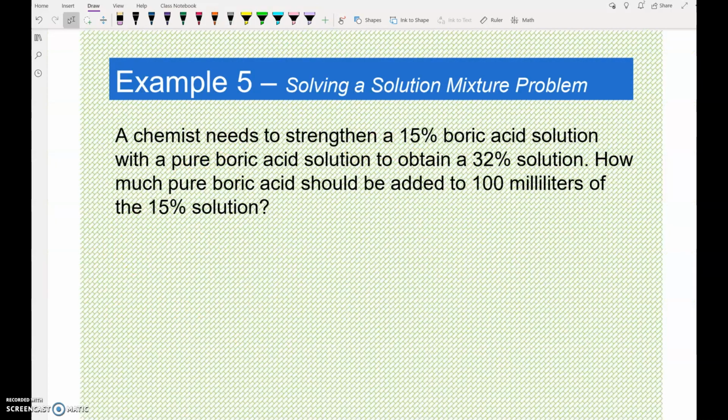A chemist needs to strengthen a 15% boric acid solution with a pure boric acid solution to obtain a 32% solution. How much pure boric acid should be added to 100 milliliters of the 15% solution? Okay, we are going to have information about the 15% solution. I should use a different color.